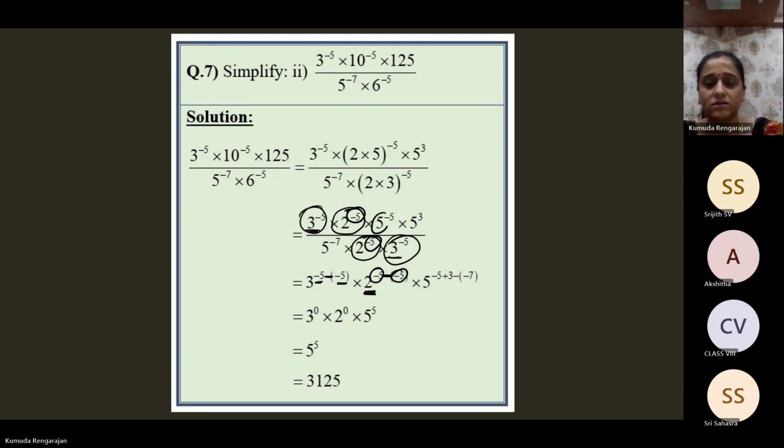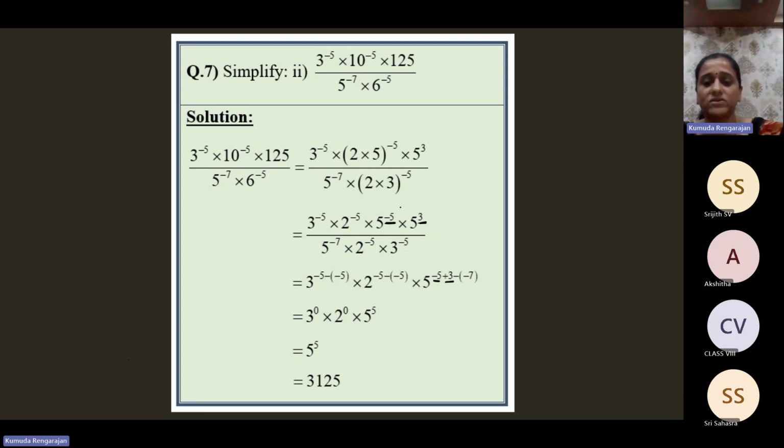And then these 3 terms have the same base, so I've written the common base once. The powers in the numerator, you must add: -5 plus 3. And what is in the denominator, you should subtract. So write the power here, -7 in bracket, and put a minus sign outside because you'll have to subtract the powers.